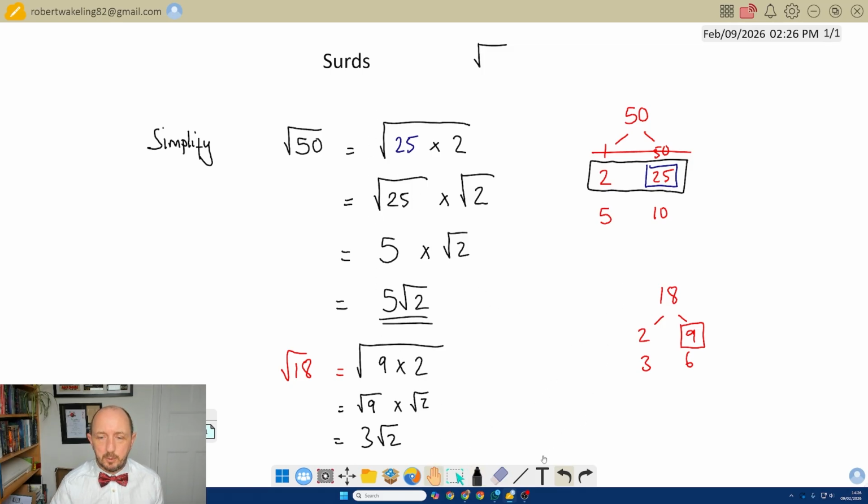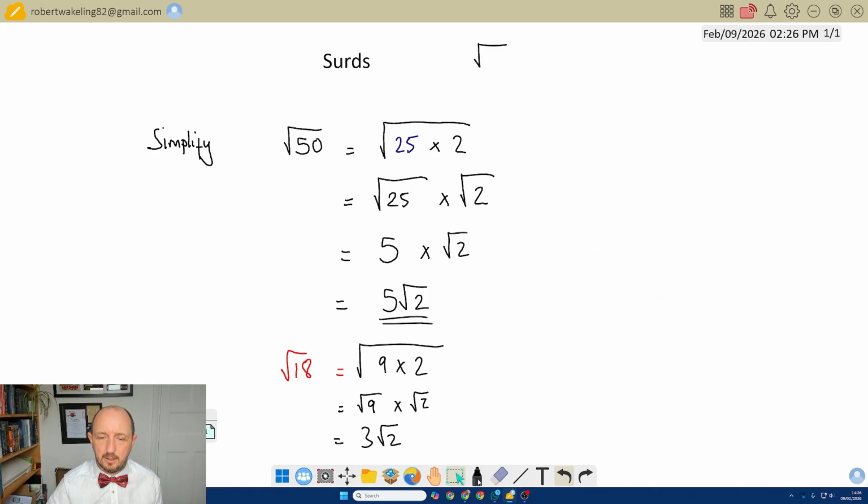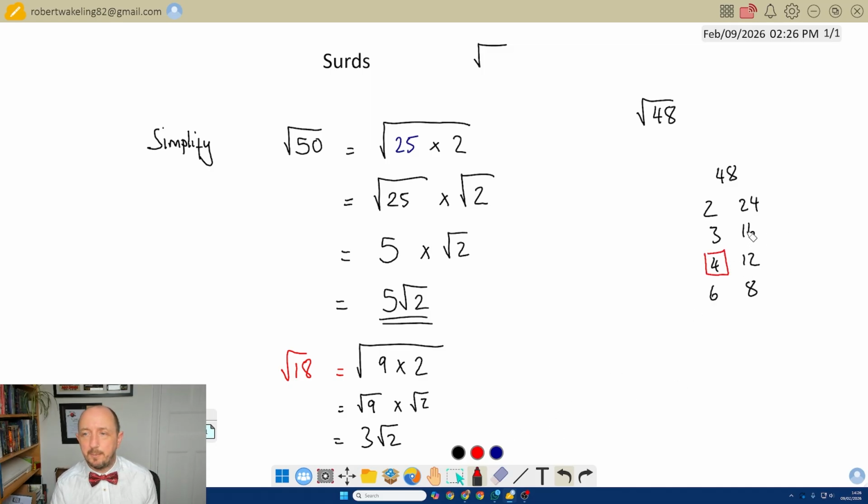I'll show you an example where we have multiple squares. Let's think root 48. 48 can be 1 and 48, 2 and 24, 3 and 16, 4 and 12, 6 and 8. And when we look at the square numbers here, we've got 4, which is 2 squared, and 16, which is 4 squared. So we want to choose the 16 and the 3, because if we choose a smaller one, we have to do the process a second time.